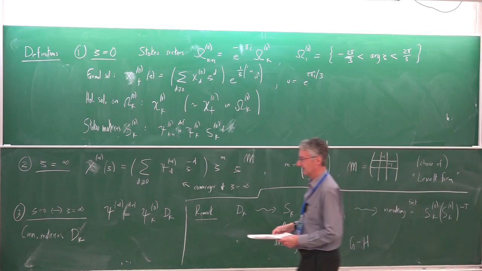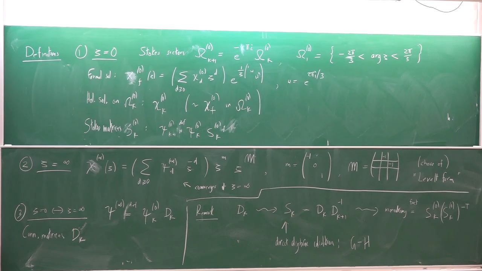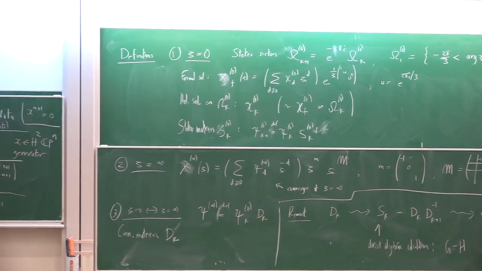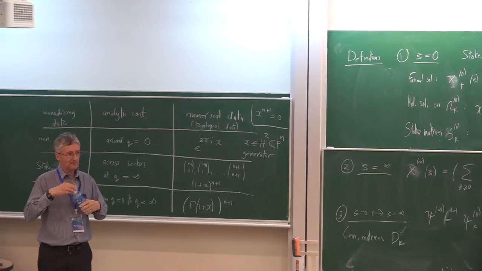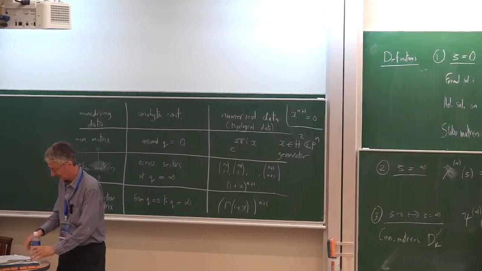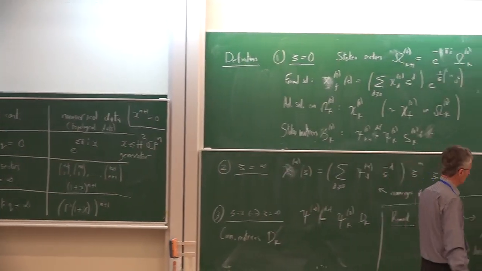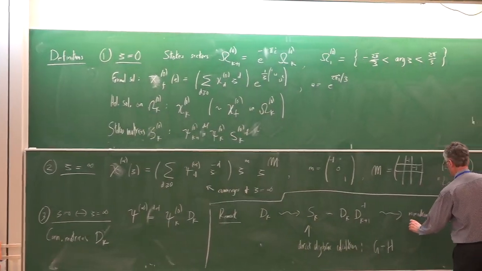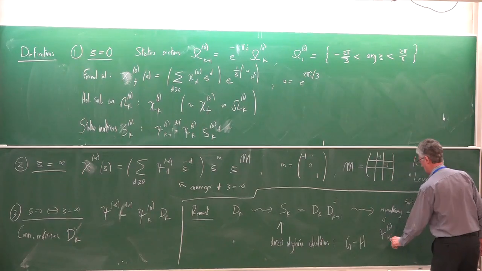Okay, so just let me confirm the monodromy is the monodromy from the regular singularity? Yes. Oh, well, no, sorry. So when I say monodromy here, I guess I mean the monodromy of this.